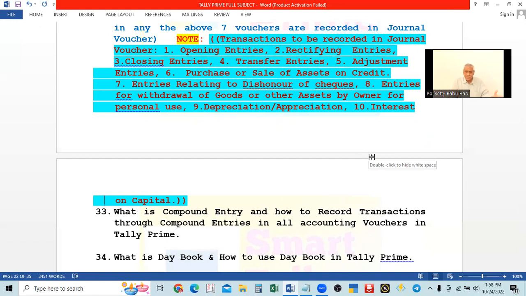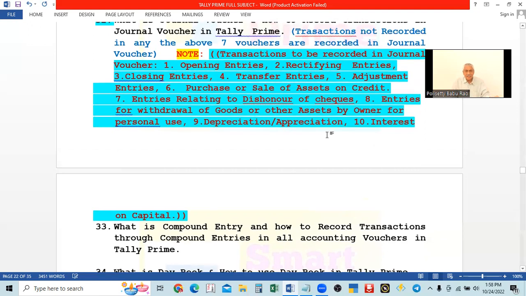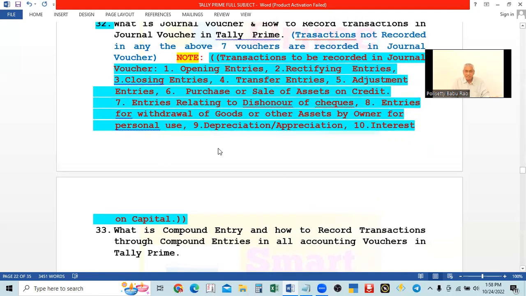That is why interest on capital. Remember, interest on capital means interest will not be paid to the owners like others. It will be debited and credited to their capital account, added to the capital account. This is also recorded in the journal voucher.